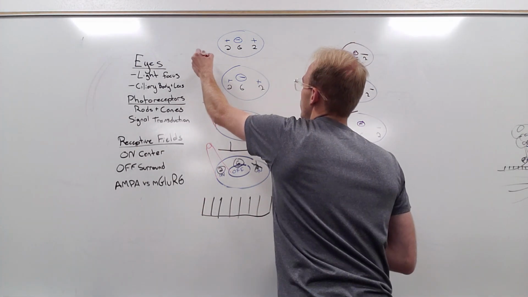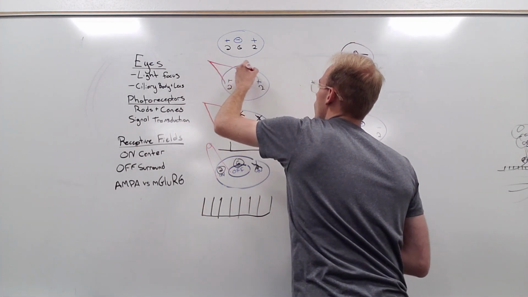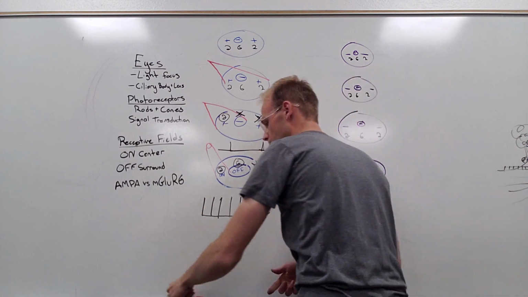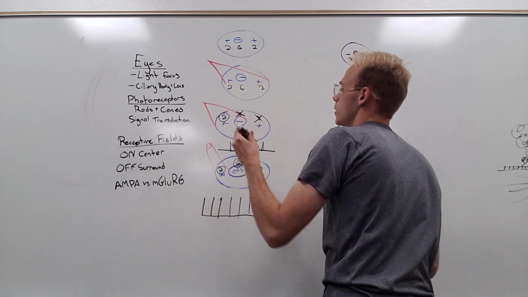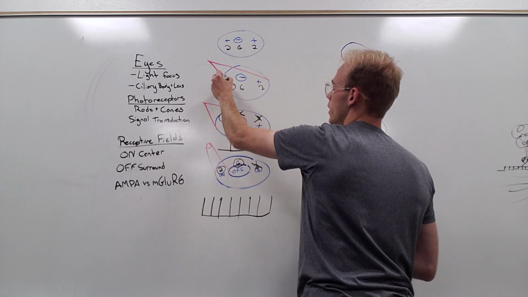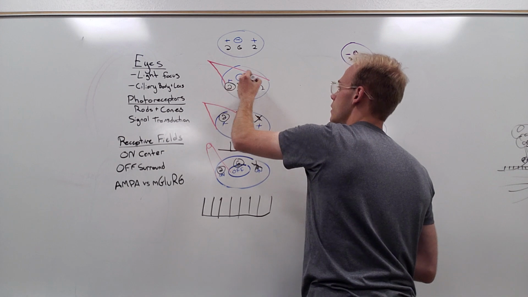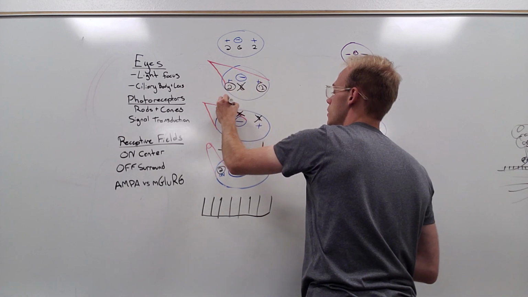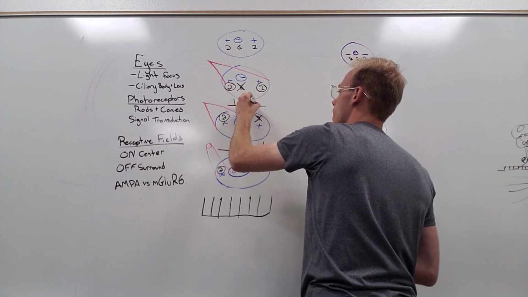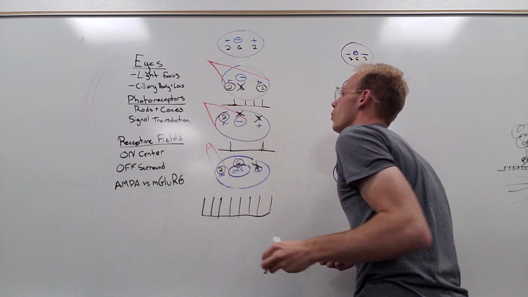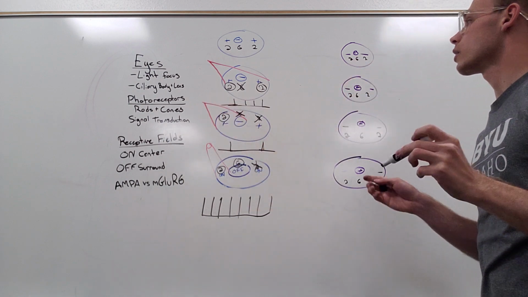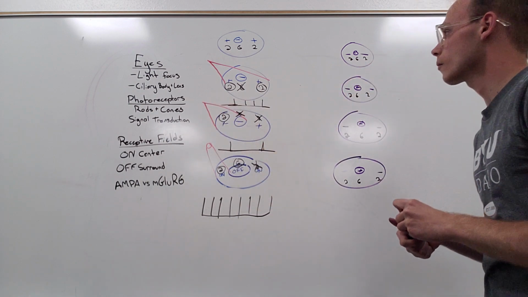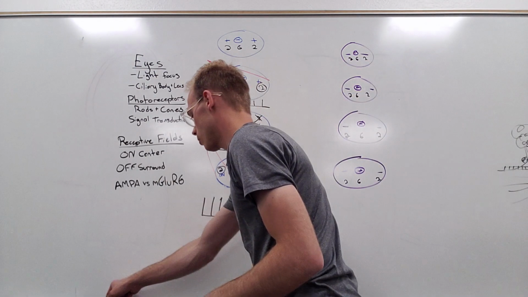In this one, we're going to have light hit the whole thing. Okay, so as before, this has light, it likes it. Light is hitting the center, doesn't like it. Light hitting here likes it. So this is a semi-more frequent one. And then we can continue.